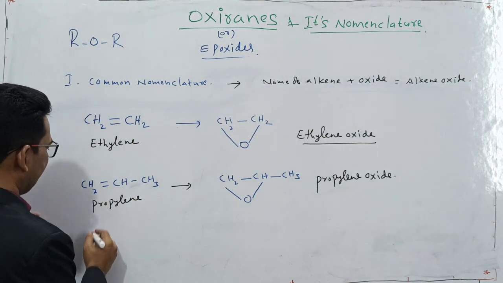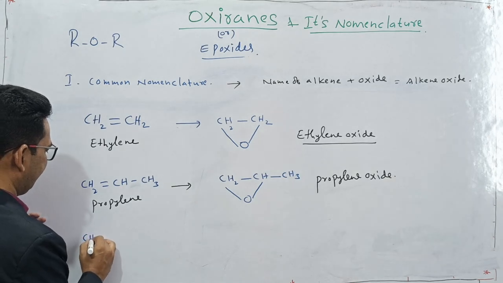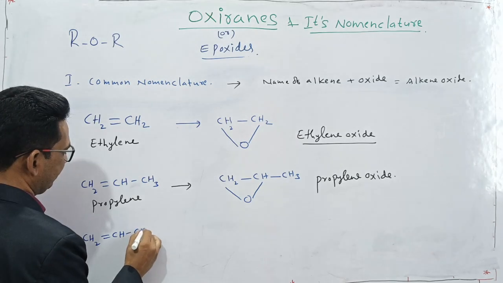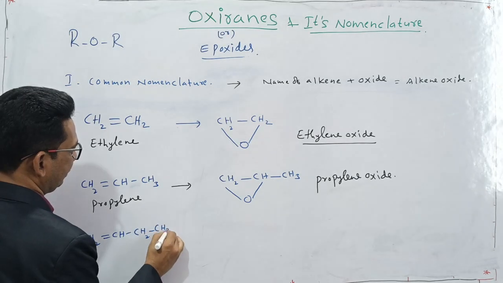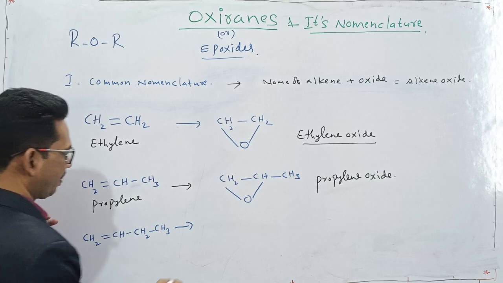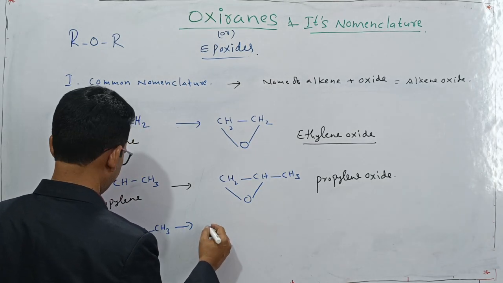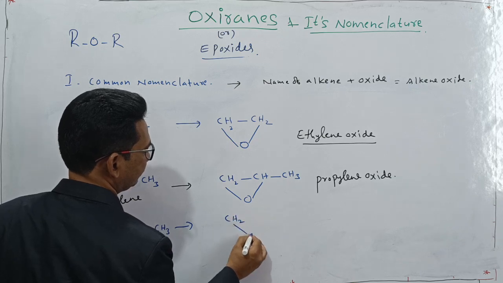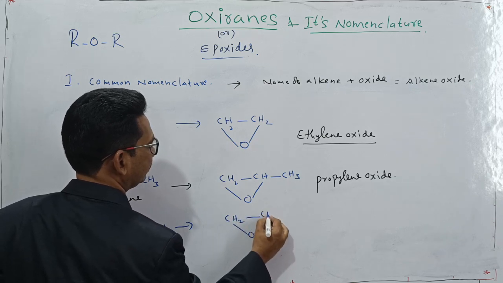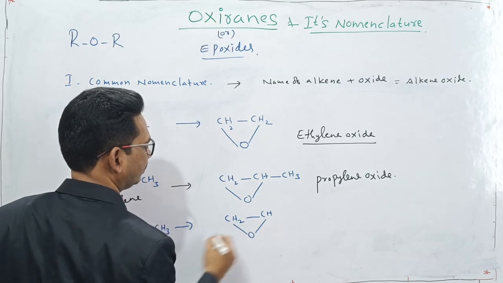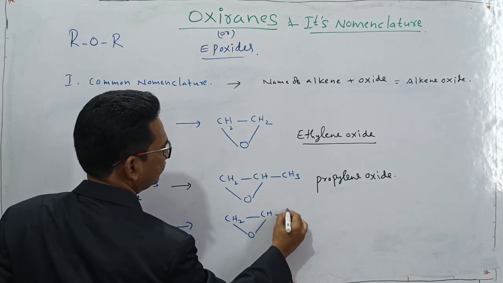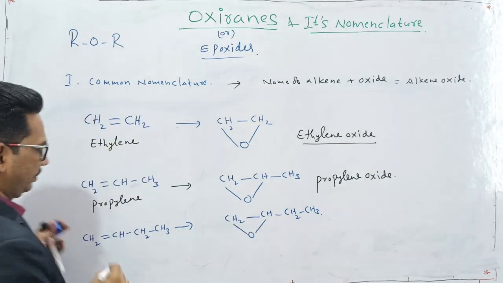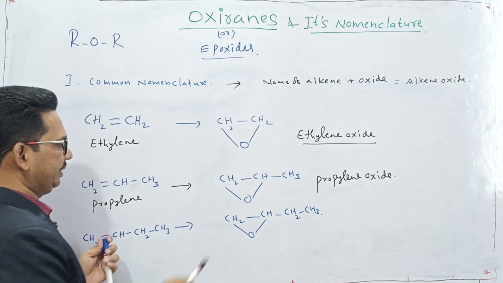Just see, another example I can write. Make the oxirane of this one. How many carbons does it have? 4.